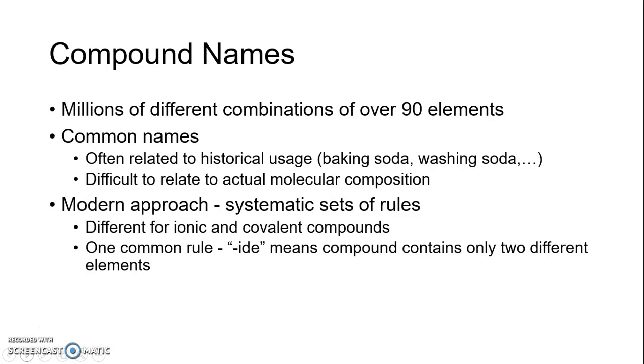Then when it comes to naming atoms, this gets a little more complicated because you have millions of different combinations from over 90 elements that can combine. So it gets pretty complicated trying to name these. We've used common names, just typical words in our vocabulary. For instance, baking soda. Baking soda is just a fancy term for a molecular compound.